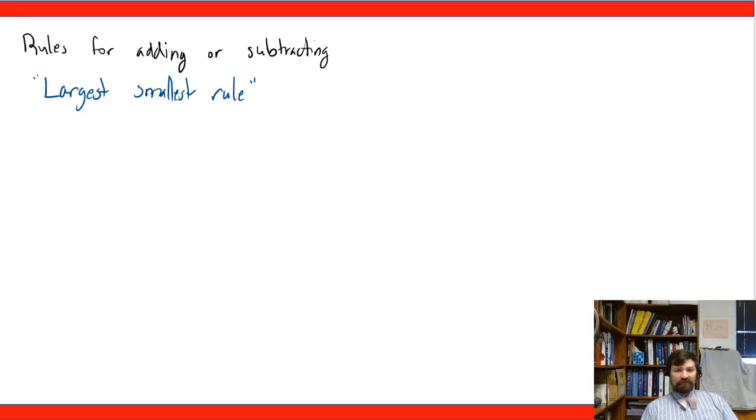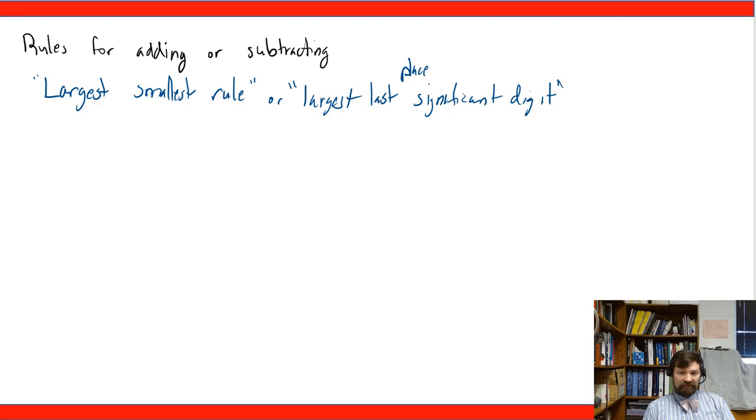Because basically the rule for addition or subtraction, they share the same rule, is that you look at each number in the sum and you figure out which one has the largest last significant digit. So you could also call it largest last significant digit. And by largest, it's really the largest place, not the largest number, but the largest place.